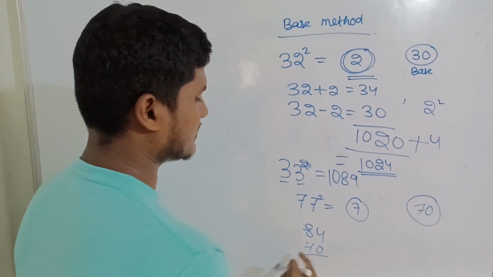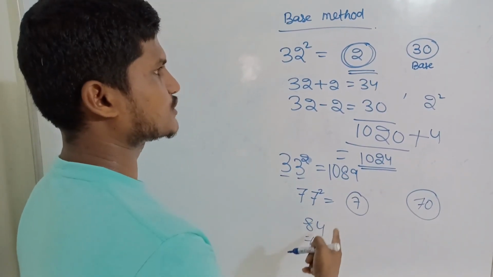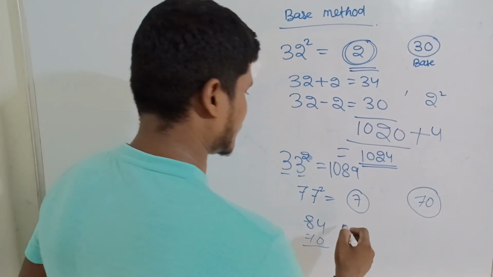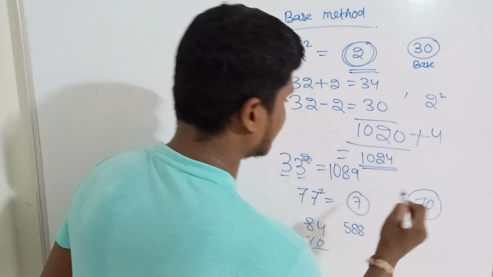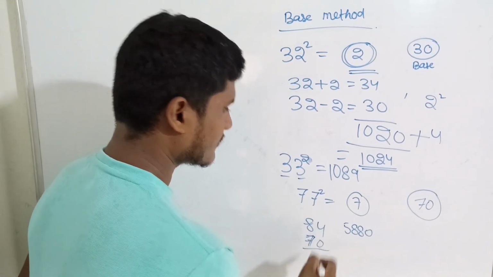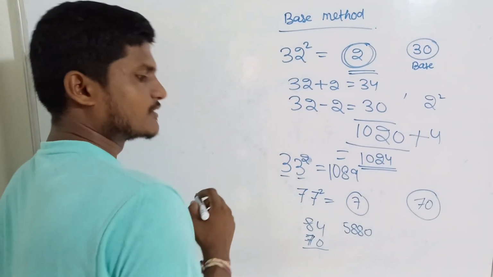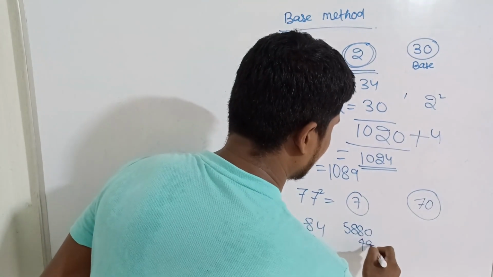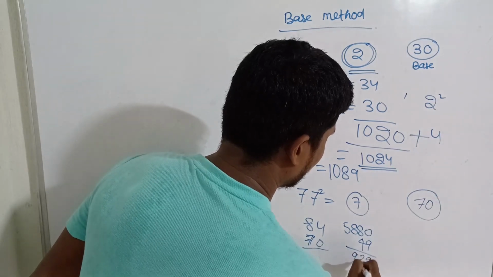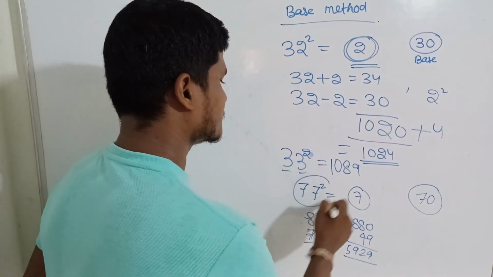Just multiply: 7 into 84 is 588, and finally 0 here, so 5880. What is the 7 square? 49. So 5929 is the square of 77.